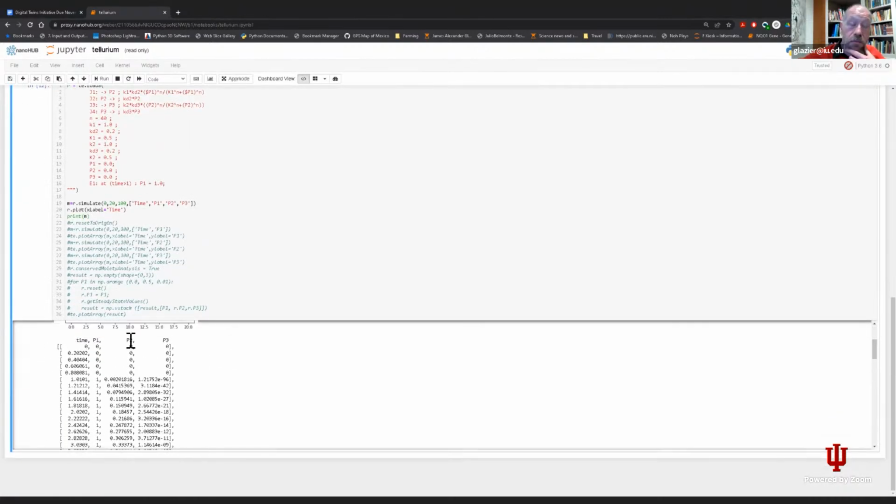M is a NumPy array with the columns labeled. And so what I want to know is what time, first column, okay.